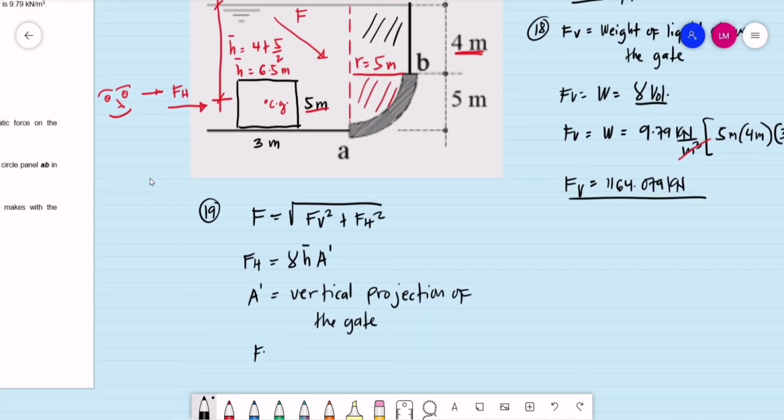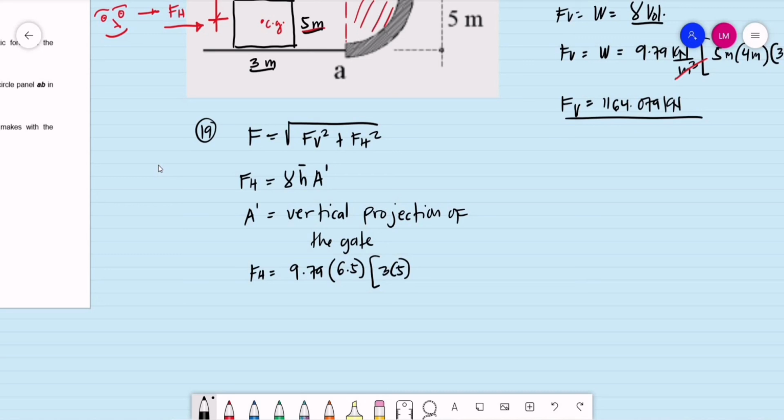Okay? So, compute muna natin yung horizontal component of the hydrostatic force. So we have, this is the F sub H is now equal to gamma. So gamitin natin yung given, the 9.79 kilonewtons per cubic meter. Bar H is 6.5 meters. Ano yung ating area prime? Ito yung 3 meters by 5 meters. So this will be the horizontal component of the hydrostatic force.